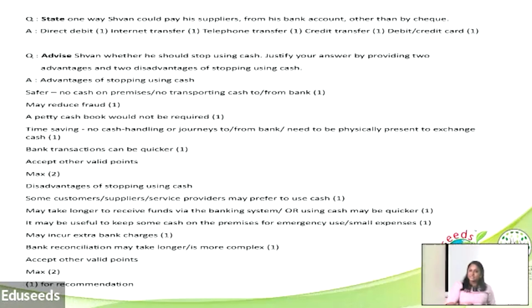It's just how you justify your answer. Okay, is that clear? Right? So normally an advise type of question is always 5 marks, yeah? So always remember 2 advantages, 2 disadvantages, and 1 recommendation. If you see the word state, just 1 answer. Just simple answer, simple word. Don't waste time. Okay? So look at the other common words as well. This is just an example for you.